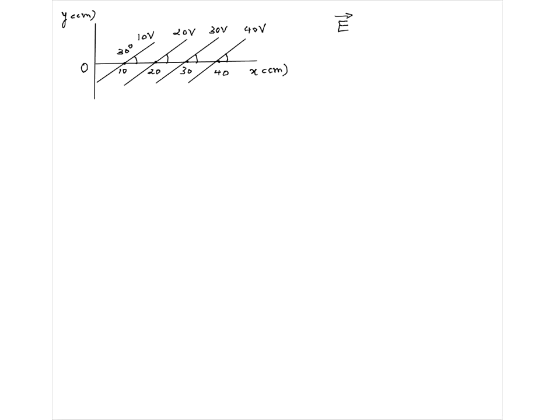Let's follow the rule. Potential fall. We can choose any two. It's all symmetric. Any two equipotential line we can choose. Let's choose these two. From one go to the other via the shortest possible distance.